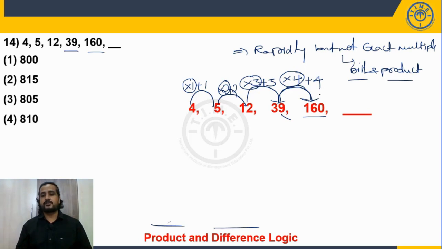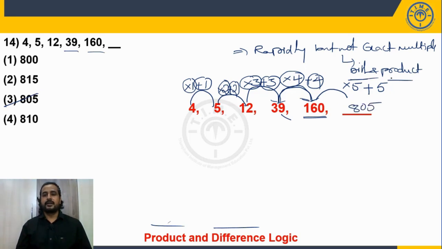So after 4 the natural number is 5, so multiplied by 5. And we also need to identify the numbers which we need to add: plus 1, plus 2, plus 3, plus 4, consecutive natural numbers. So after 4 again will be 5. So what is my answer? Into 5 plus 5. So 160 into 5 is 800, plus 5 is 805. So choice 3, 805.